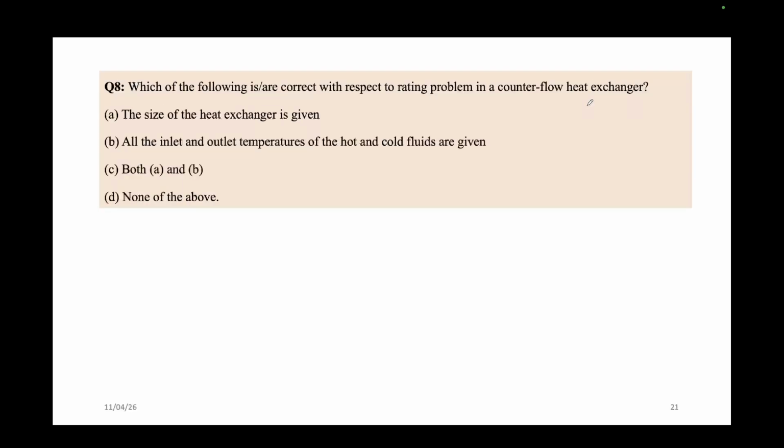Now try to answer this one. First, just tell.